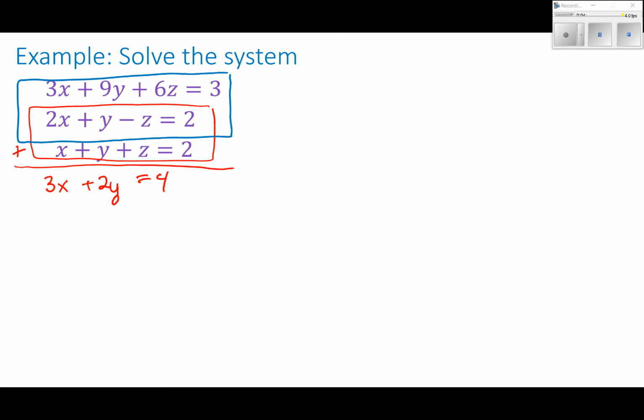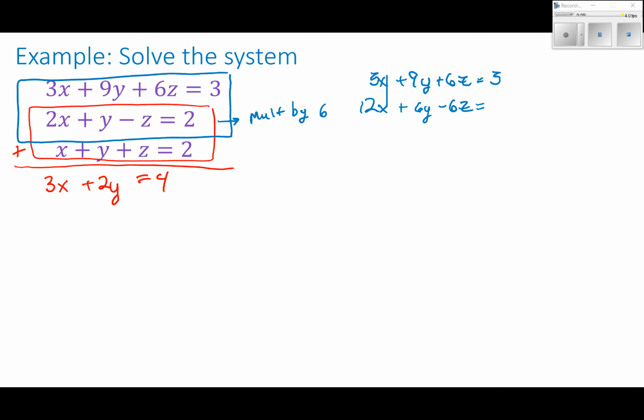Well, if I multiply by 6, and I'm only going to multiply the bottom one by 6, I'll end up still with my 3x plus 9y plus 6z equals 3. But now multiplying by 6, this is going to give me 12x plus 6y minus 6z. That's the key piece. That's why I did all of this.